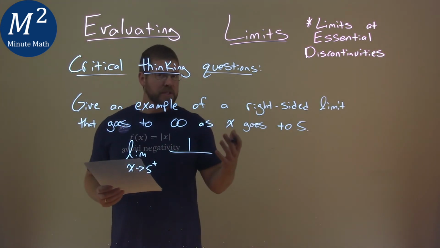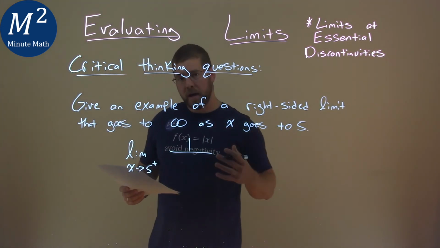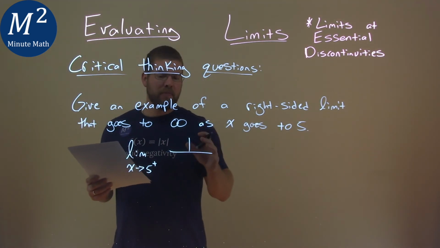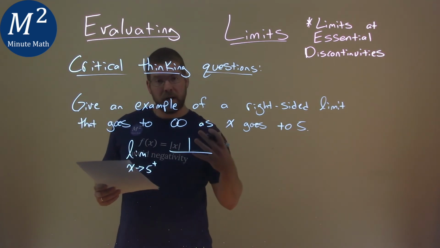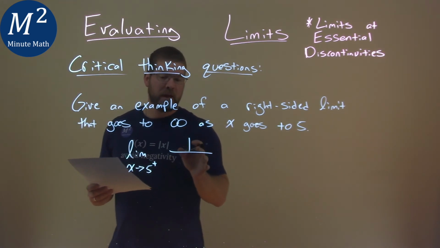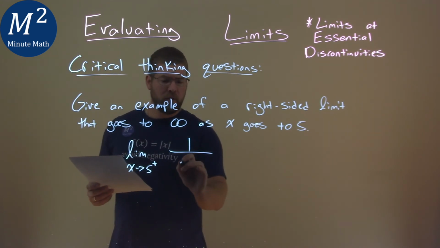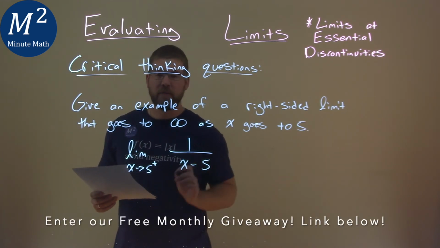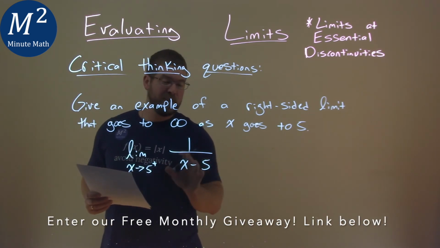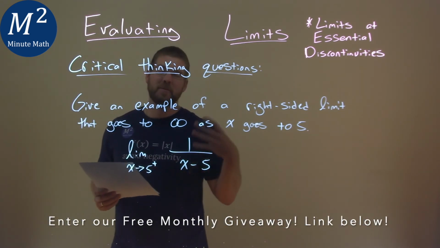Now, if we're approaching 5 from the right and we want to go to positive infinity, we want this denominator to always be positive for values to the right of 5. So if I put an x minus 5 right here, our denominator, when we plug 5 in for x, will become 0.